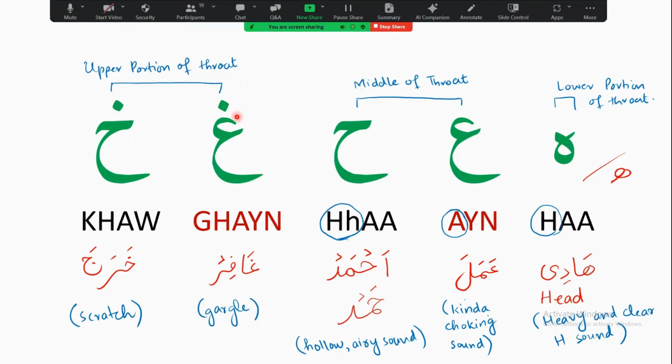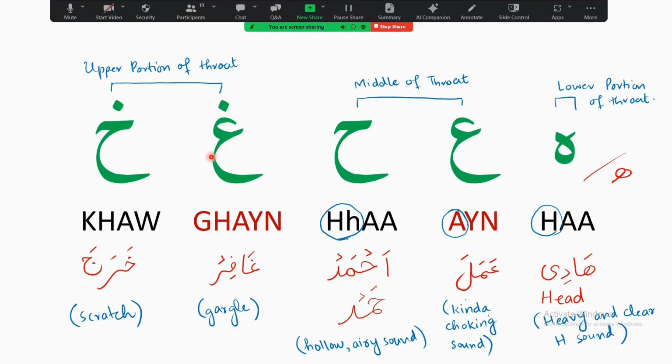So for this letter, ghain, the name of this letter is ghain. This letter is written like this in this shape with the dot on it, and this letter comes from the upper portion of our throat that is near to our mouth. And this letter is a very simple letter, because the sound of this letter is a very natural sound to us.